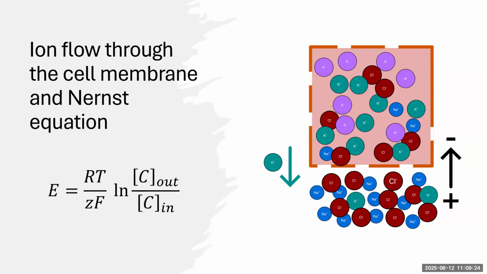Potassium will move out under diffusive pressure. You need to apply some voltage in order to keep it from moving out. So that is your equilibrium for potassium, if you get rid of all other ions and they are not contributing anything else. And that equilibrium potential is called the Nernst potential.